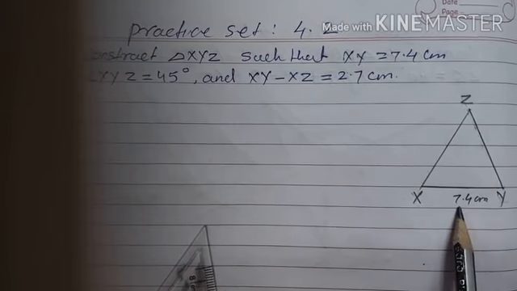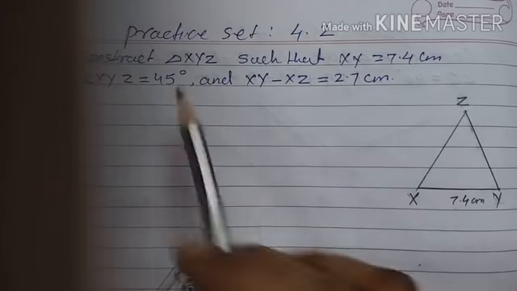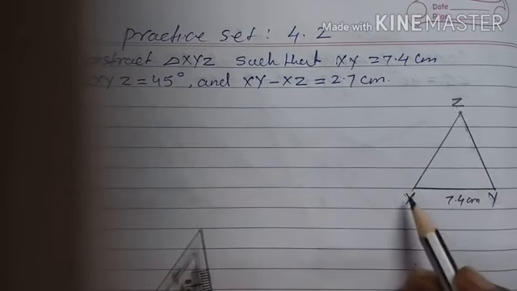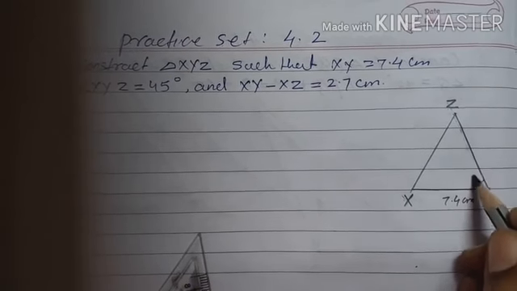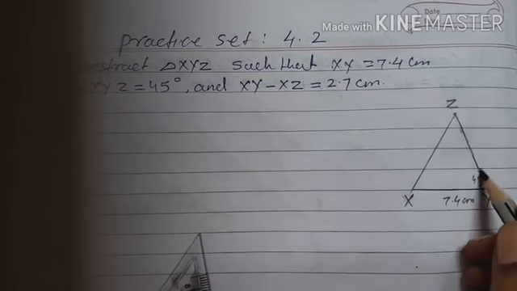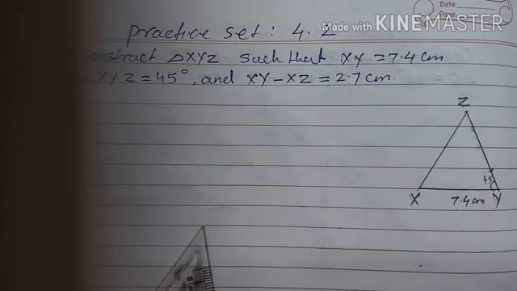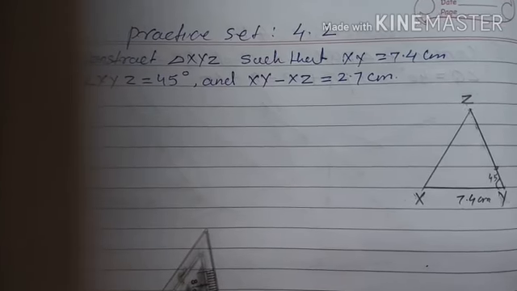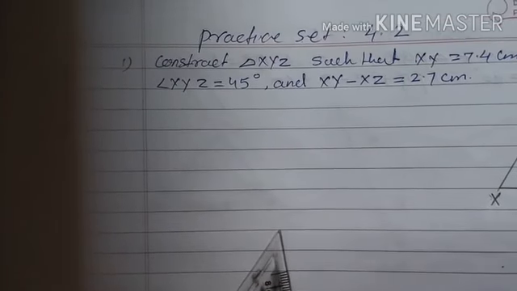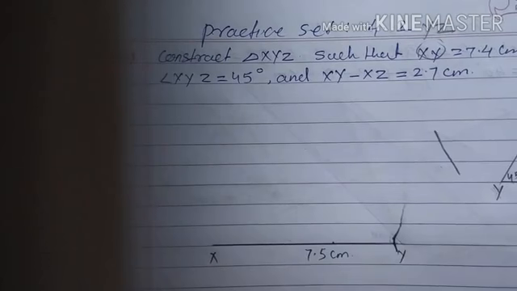Okay, as angle Y is given here, so take Y at the base. So XY, first of all your base 7.4 centimeter and angle Y is 45 degree and difference of two sides, that means XY minus XZ is 2.7 centimeter.